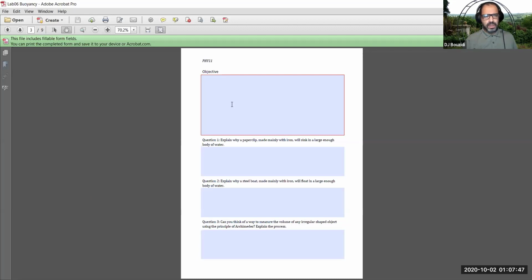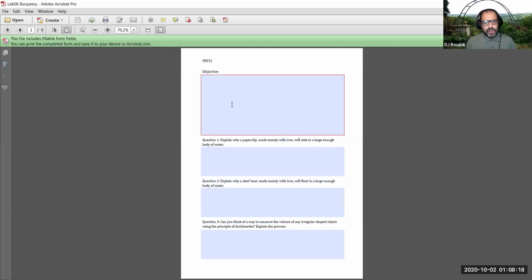It has to do with the density of the steel versus the density of the fluid. The density of steel, of iron, is 7.87 grams per cubic centimeter. The density of water is 1 gram per cubic centimeter, and the paper clip does not displace an amount of water whose weight is equal to that of the paper clip. So that's in a nutshell the answer.